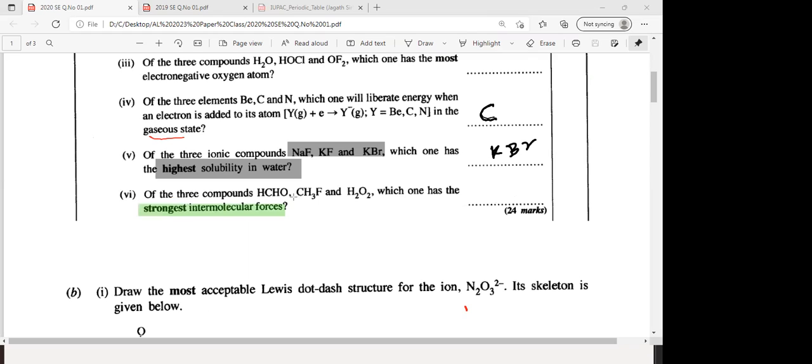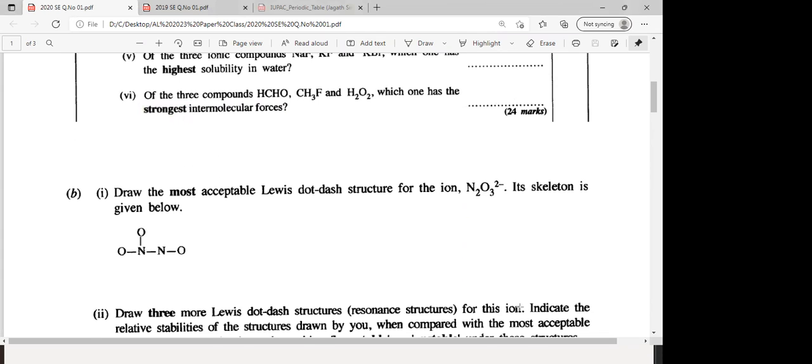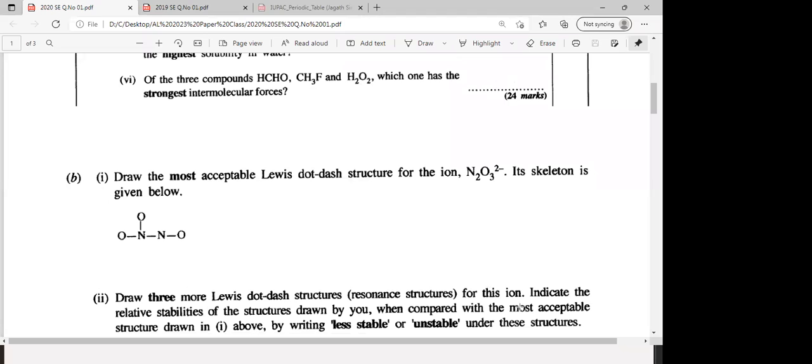Strongest intermolecular force. Who can give me the answer? H2O2, Chaniti. Tisat, CH3F. What about the others? Only Tisat and Chaniti gave the answer. Last one. Yes. What about the others?